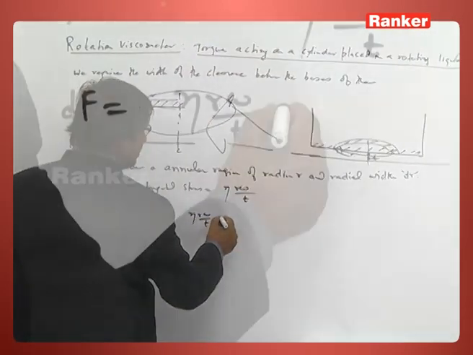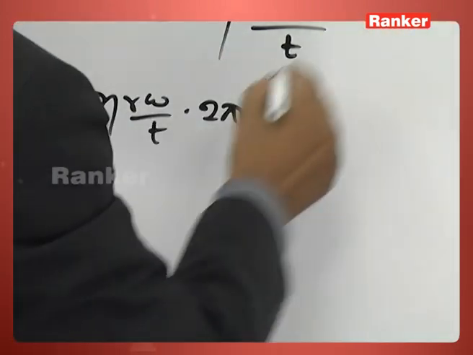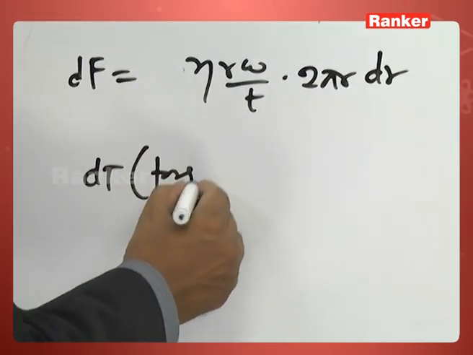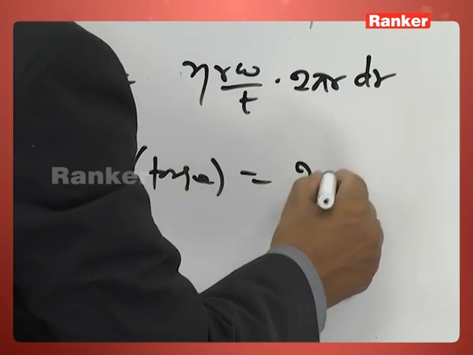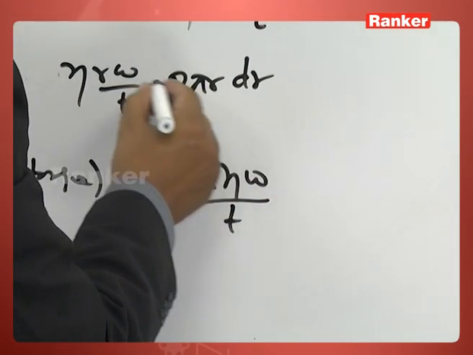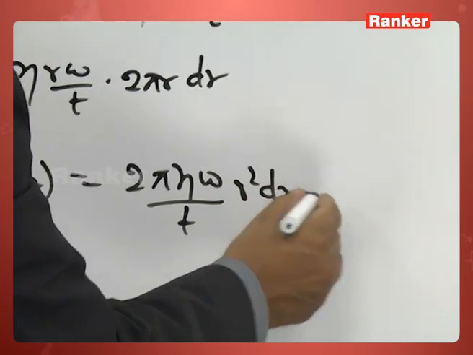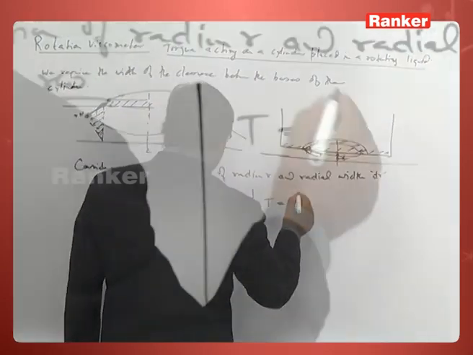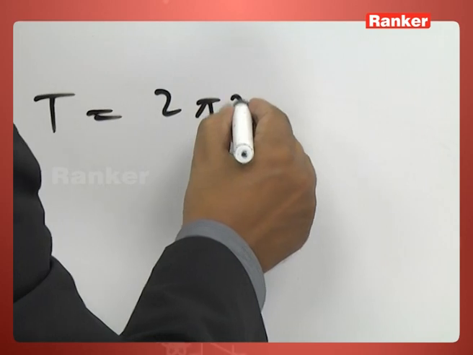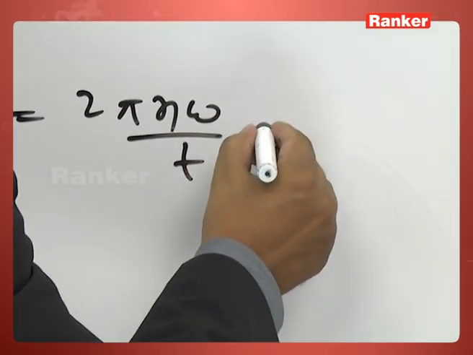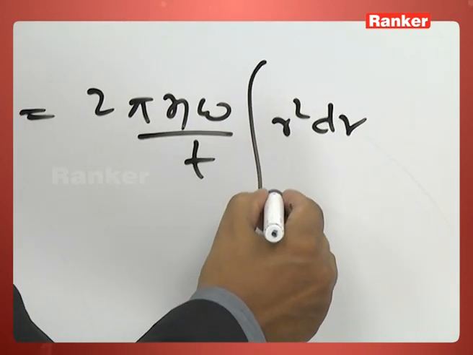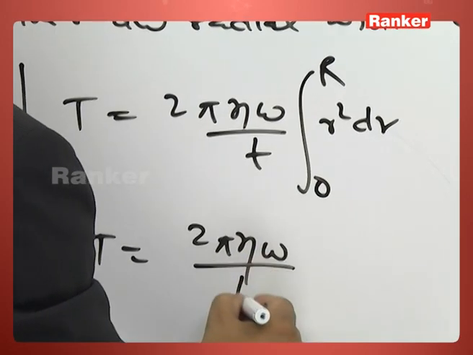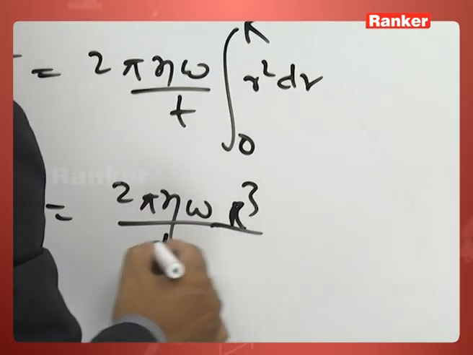The area will be 2 pi r dr. So, dF is this, and d tau, the torque, will be equal to 2 pi eta omega by t times r square dr. Now, if I integrate this, I will get the total restoring torque: 2 pi eta omega by t, integral of r square dr from 0 to r, so we will have 2 pi eta omega r cube by 3t.